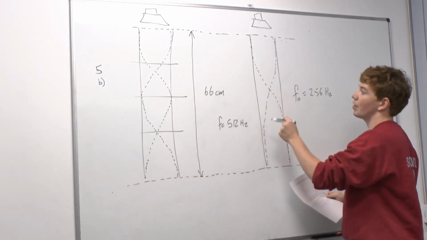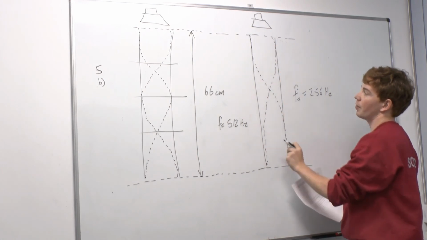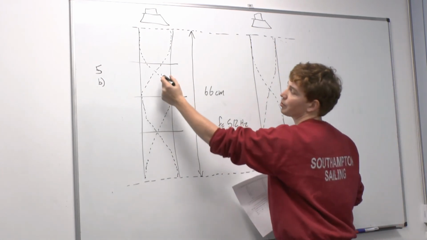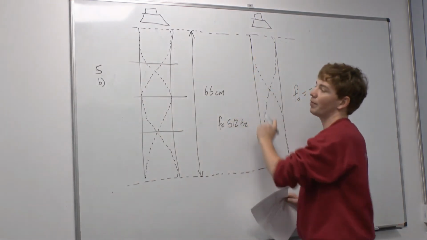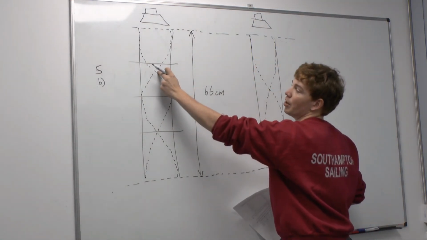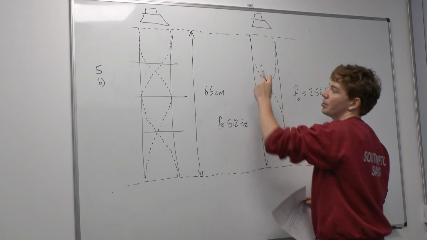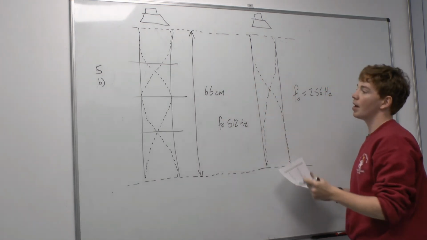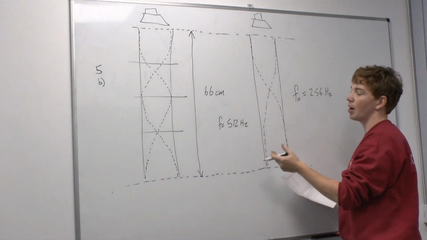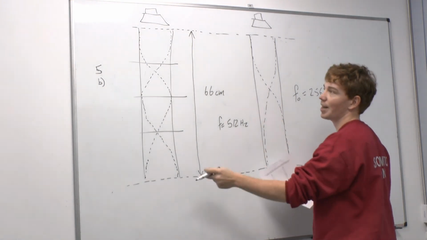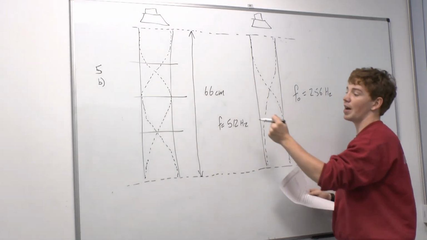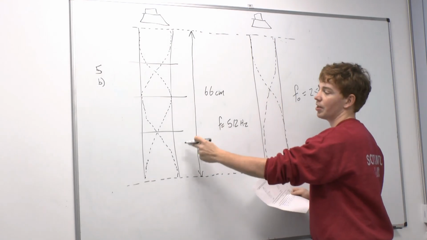So as we turn the frequency up, this is our fundamental, and we can't have the situation where we get 3/4 of a wavelength along the tube, because that's going to put a node at the top end of this, which is not allowed because it's got an open end. And so the next configuration up, where you've got a system that works and you have an antinode at both ends, is when you have twice the frequency, which makes this the second harmonic.